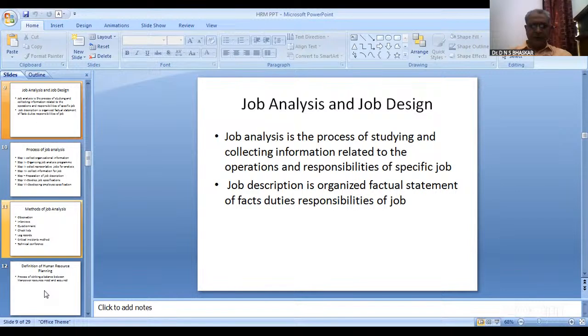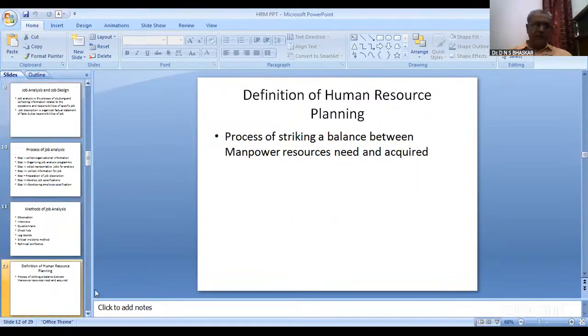Then coming to the next topic, which was also slightly introduced to the student community in the last class. Number 6, we can refer to page number 89, the balance between the manpower resources needed and what is required.